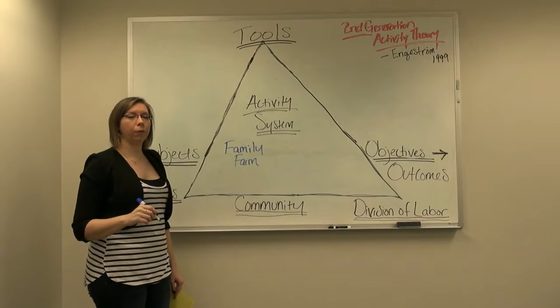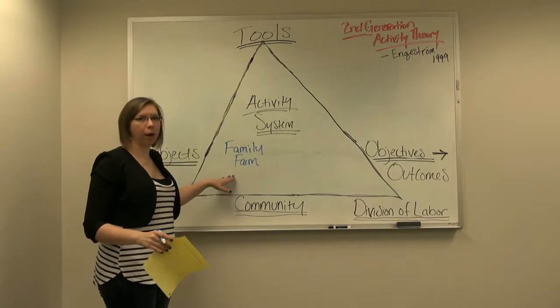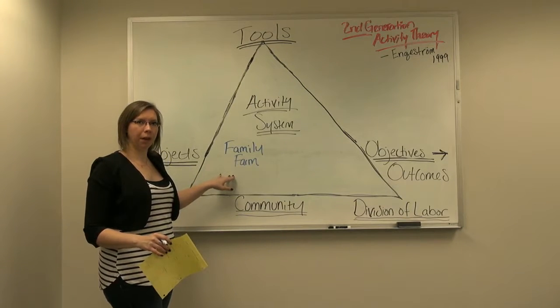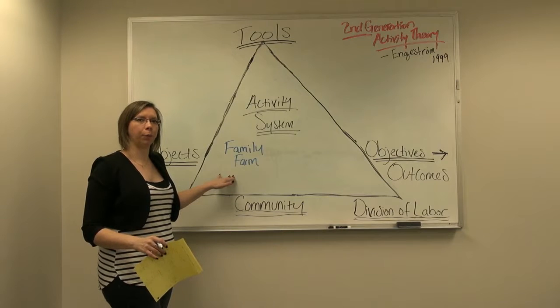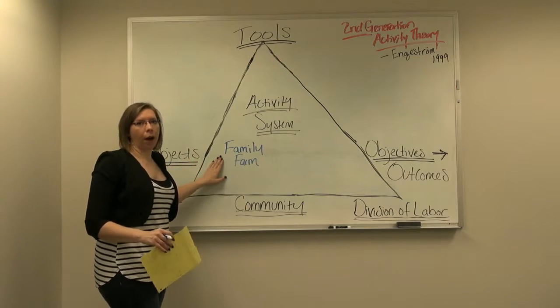If you are from this area or you're familiar with this area, you know that this is a pretty common way to make a living around here. Maybe not as popular as it used to be, but there are still a lot of family farms around here. So let's let this be our activity system.